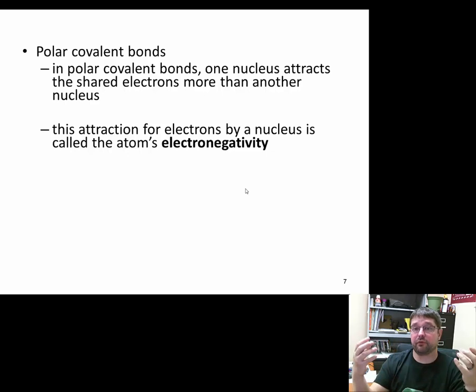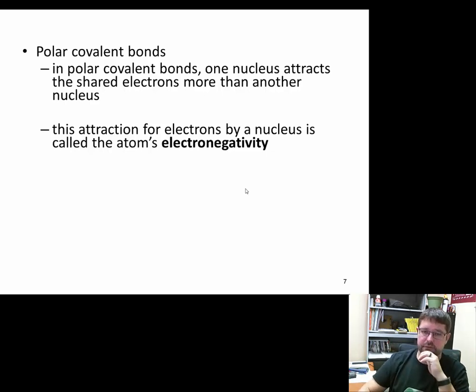If they both have the same electronegativity, the molecule is not polar. But if one atom has a much higher electronegativity than another, then often it will result in a polar molecule.